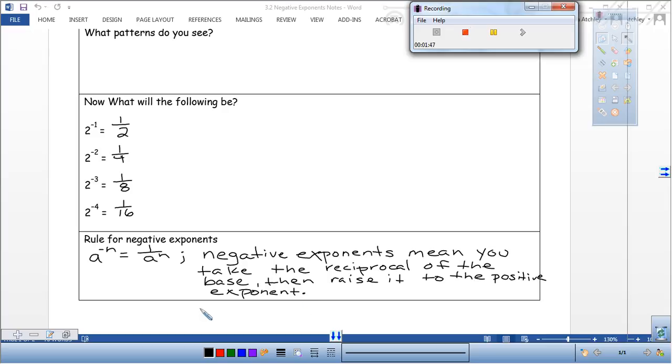Okay, so once you take the reciprocal of it, the exponent becomes now positive. Yes? Okay.